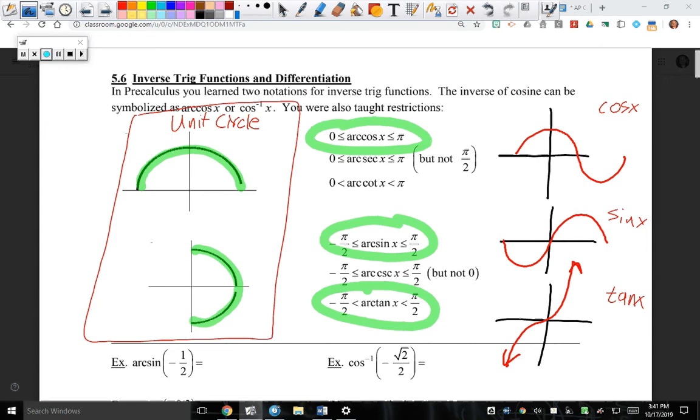representation. Whereas this is like the Cartesian, the xy coordinate plane. Can you explain to me why those are the values of the circle? Yeah.